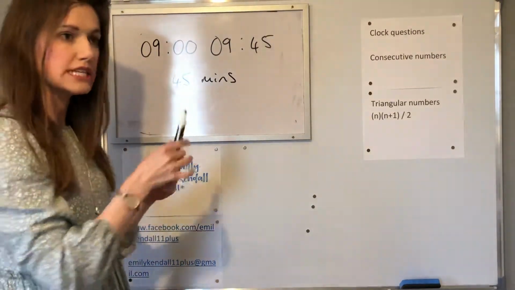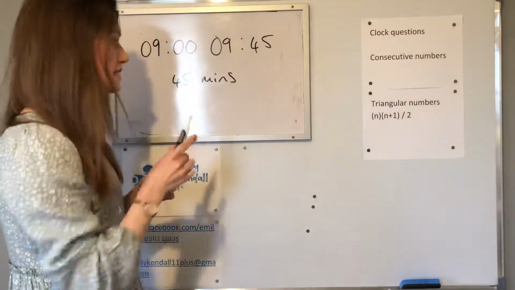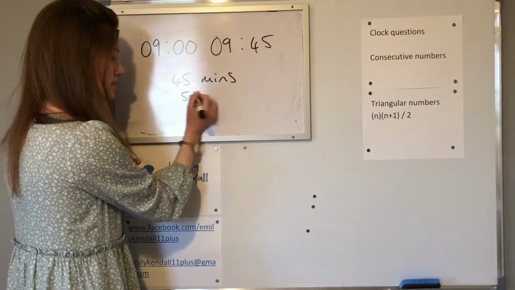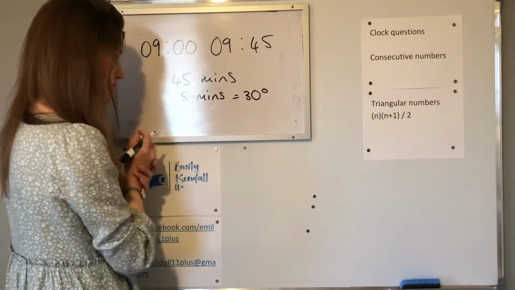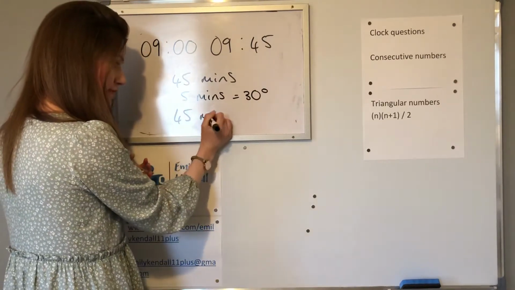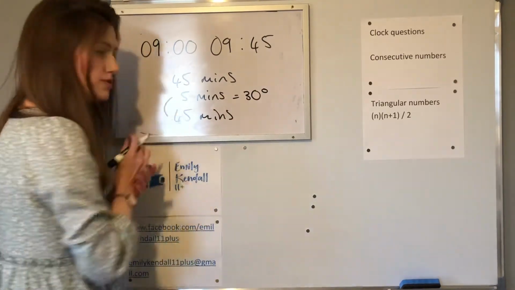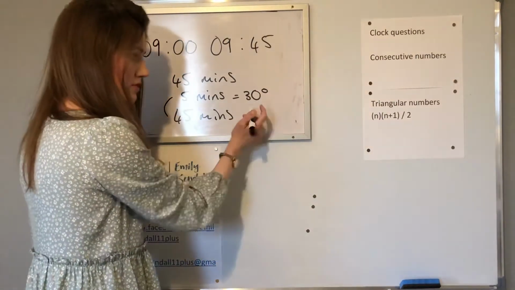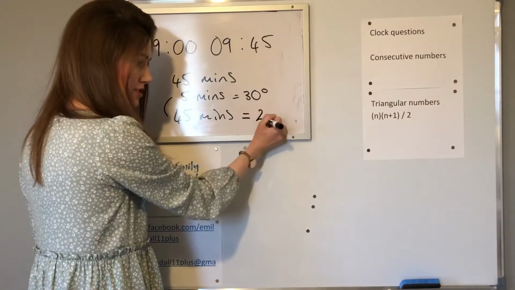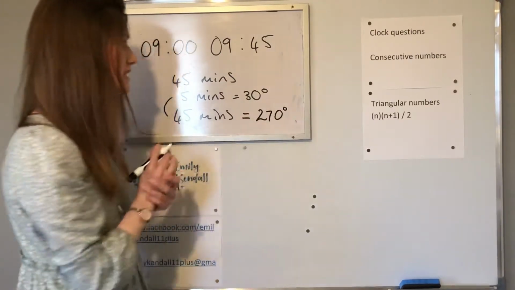Well, what you've got to think is every 5 minutes, it's moving 30 degrees. So in 45 minutes, think what you times that by. You've got to times that by 9, which is 270 degrees.